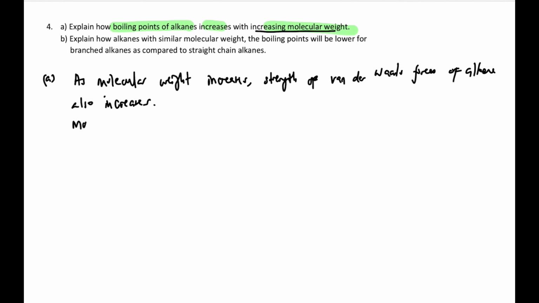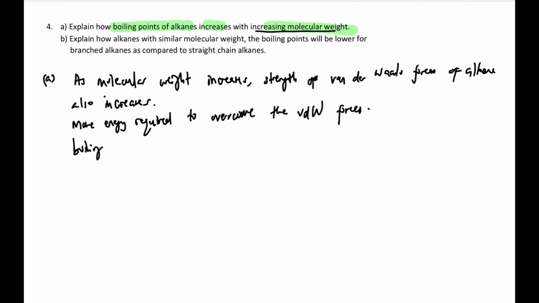So bila strength of van der Waals force increase, maka more energy required to overcome the van der Waals forces. So boiling point also increases. You can actually put the word thus, up to you lah. Okay, tak buat pun tidak apa.